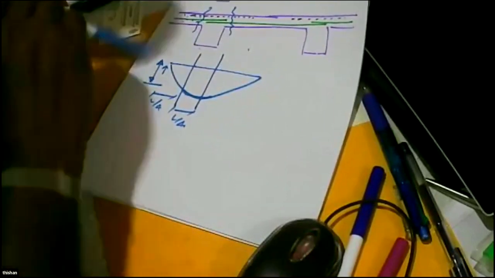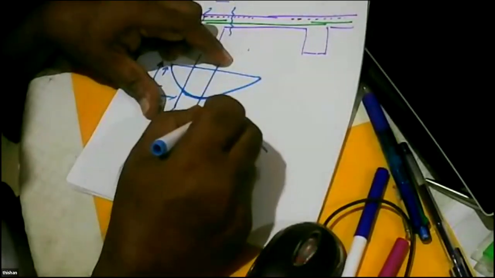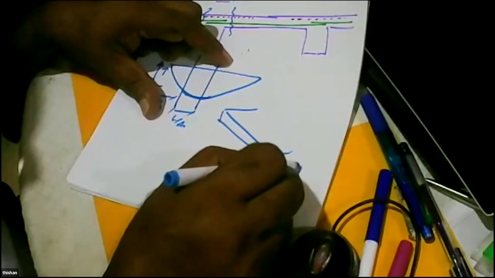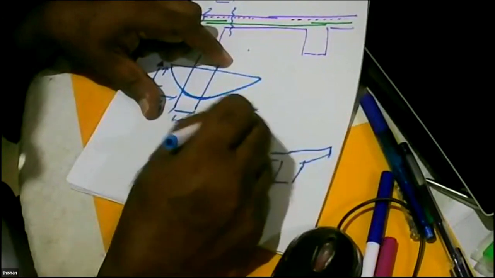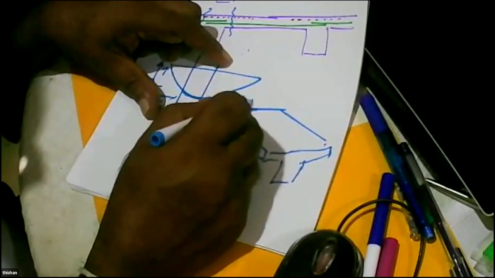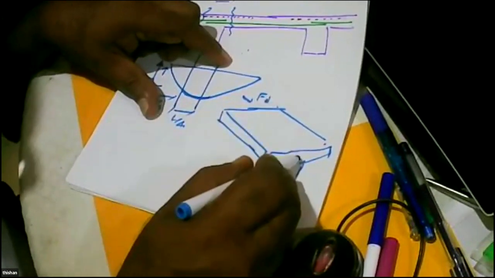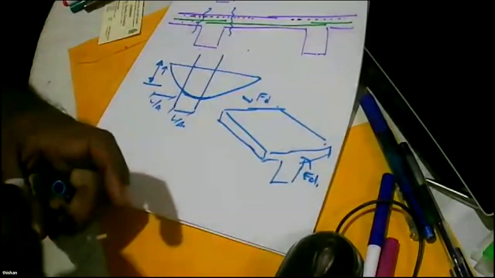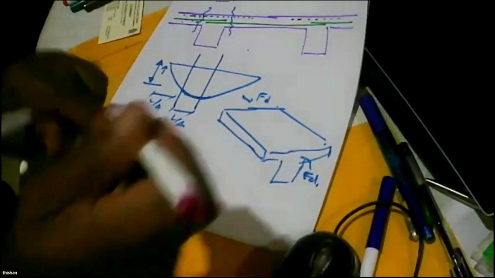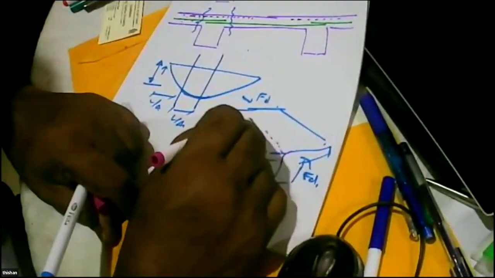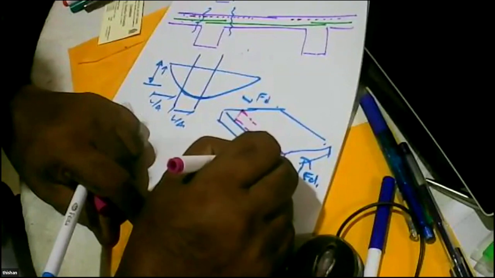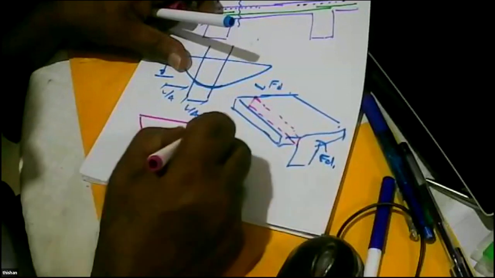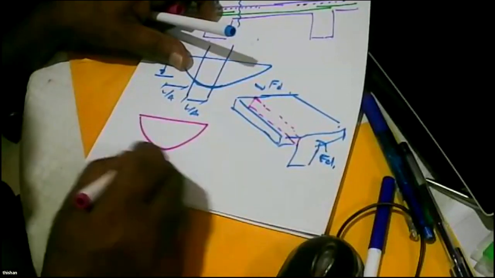So we have a beam, flange beam. So on this side, if there is force FD, so FD1, and we are going to get the failure at this particular interface. So what the code says is, the bending moment diagram goes like this.